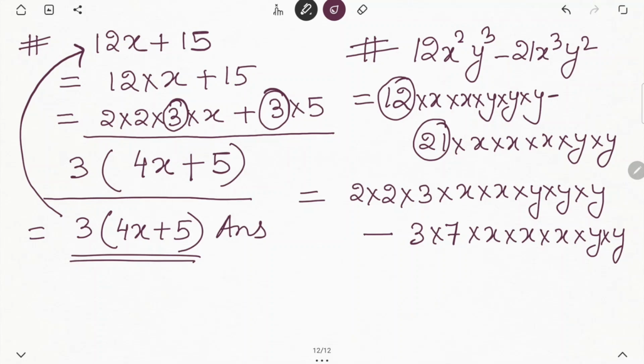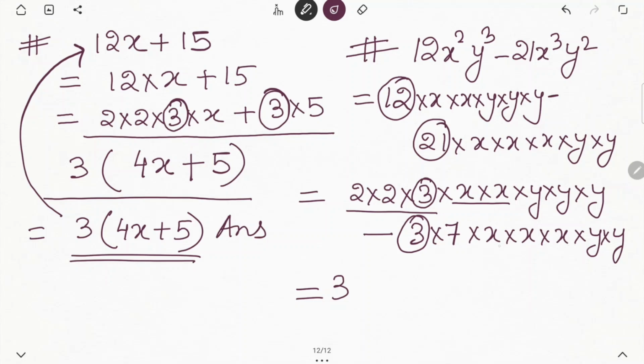Okay, now from this I choose the common factors. So out of the numbers, here I have 3 and here also 3 is there. Okay, so I write 3. Then what about x? Here I have x into x and here I have x into x into x.